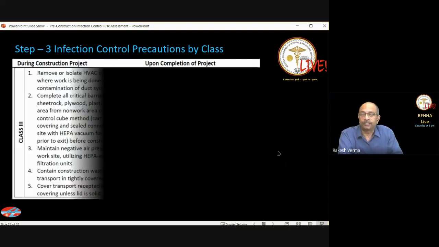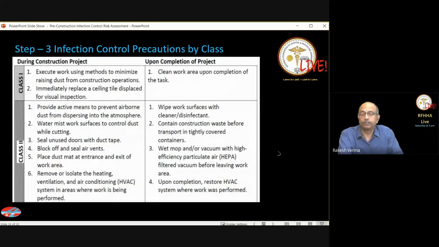These 4 classes are divided into 2 vertical columns. One is during the construction, and the second one is after the construction. I'm not going to read this out since it is there in the document that I'll be sharing.